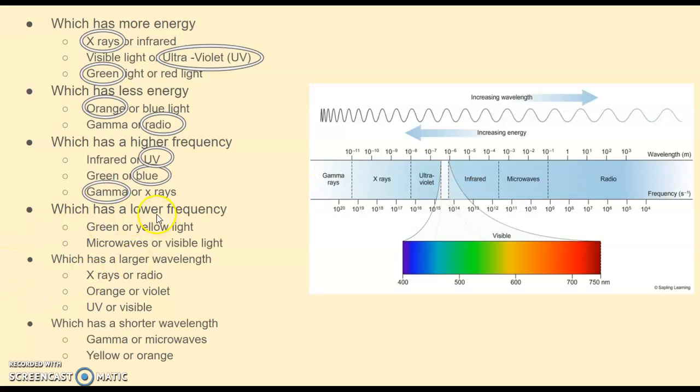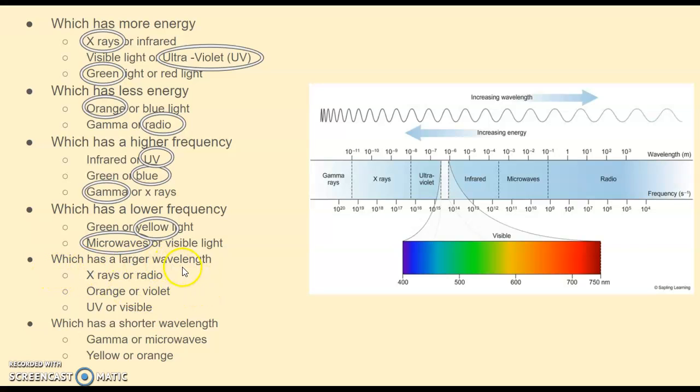And again, I could ask you the opposite of this. Which one would have the lower frequency? Between green and yellow, the lower frequency, think about it, would be yellow. Microwaves or visible light. Microwaves are right here. Visible light is right here. Which one has the lower frequency? That's going to be the microwaves.